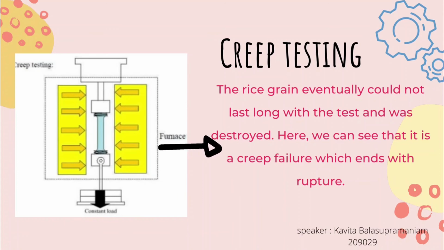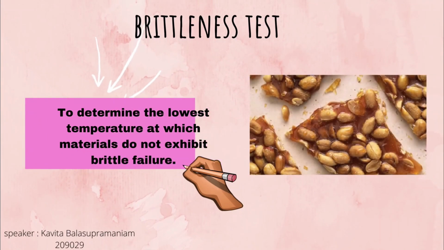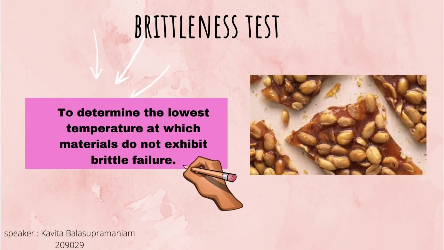when the rice grain was applied with a constant force and at a constant temperature, the rice grain eventually could not last long with the test and will be destroyed, and it will be known as creep failure, which ends with rupture. The brittleness test is used to determine the lowest temperature at which materials do not exhibit brittle failure.